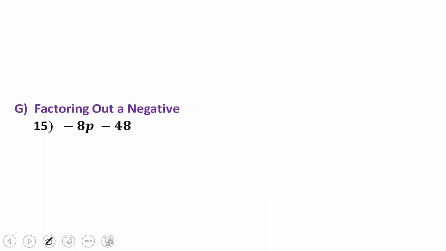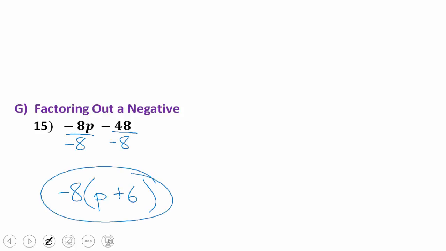Moving right along. We're going to factor out a negative. All right, so sometimes the greatest common factor would be negative. And so I come over here and I find that the greatest common factor would be -8. So I'm going to take out a -8. And if I divide both by a -8, I would get P, and this would be +6. Okay? P + 6 when I divide those both by a negative.